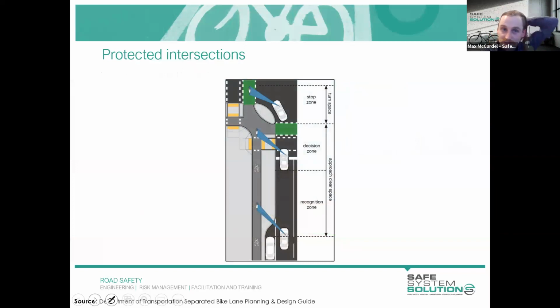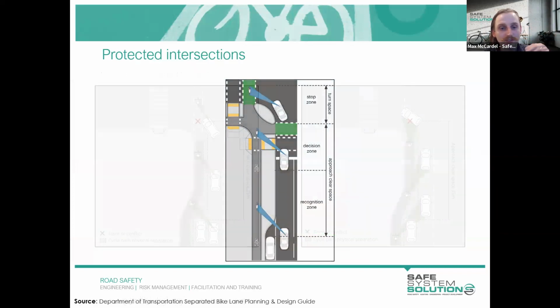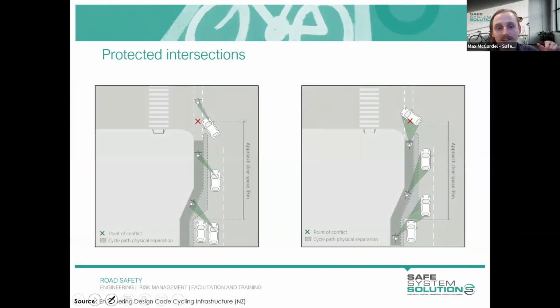Okay, this applies to all intersections as well as minor legs here, but this idea of a recognition zone, I actually might skip over this one and go into the New Zealand one instead, because I think this explains it a little bit better. But it's basically all about ensuring that there's appropriate line of sight for both vehicles to see cyclists and cyclists to see vehicles.